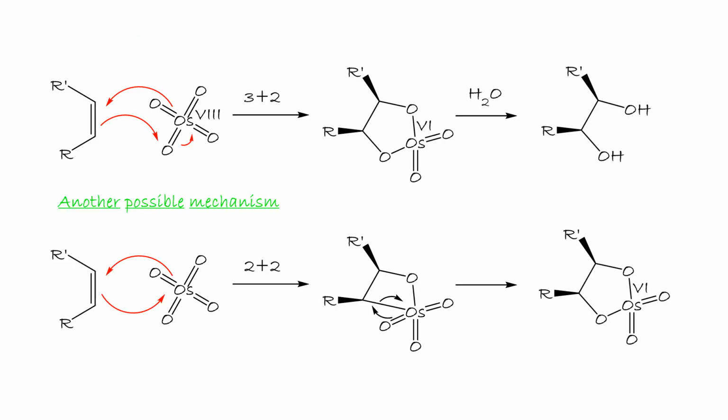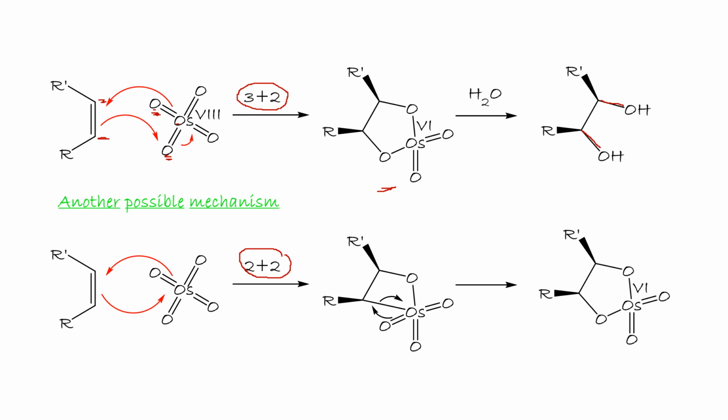Here is the reaction mechanism. It's either 3+2 cycloaddition or 2+2 cycloaddition. For the 3+2 we have here 1, 2, 3, so 3 here and 2 in here, so 3 plus 2 cycloaddition to form the cyclic osmate ester, which opens with water to form the diol in the same direction.